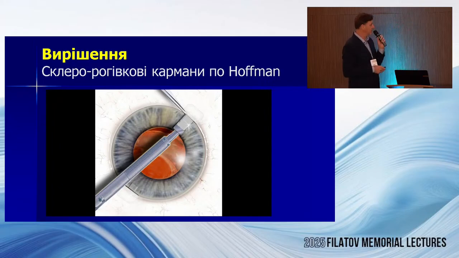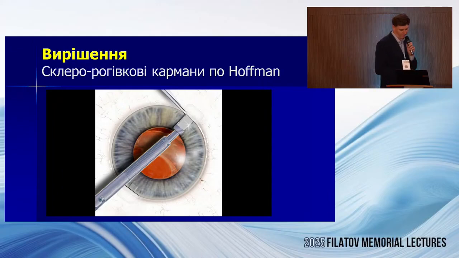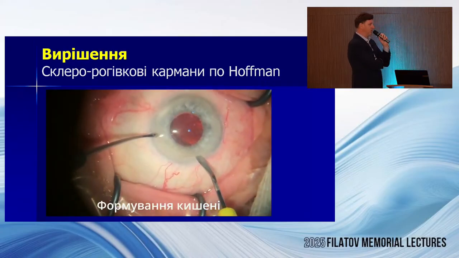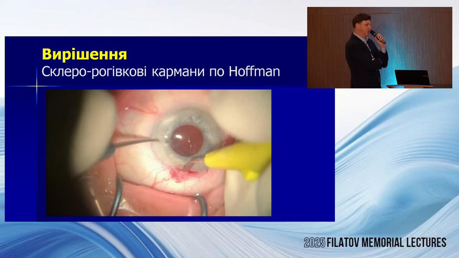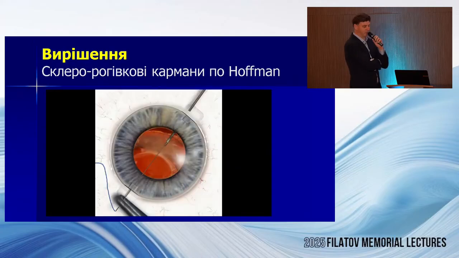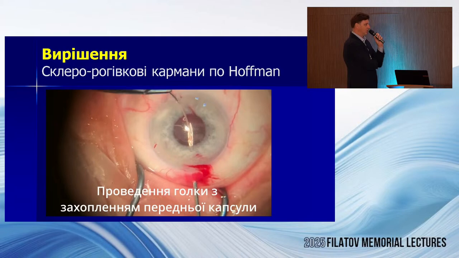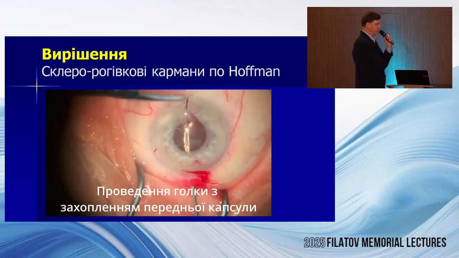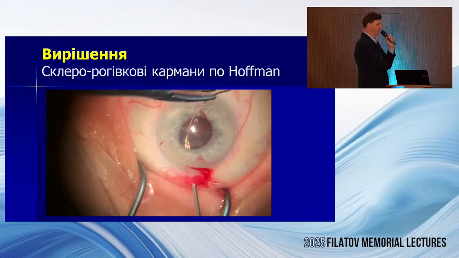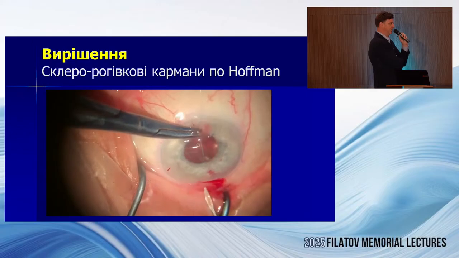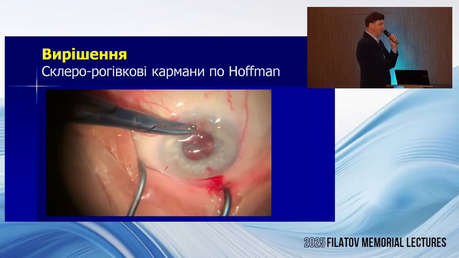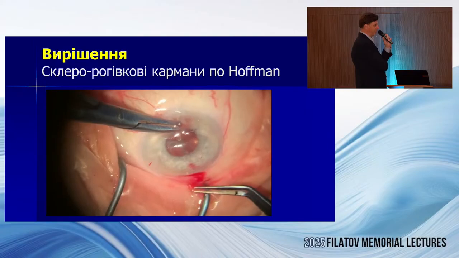Previously, we were making the sclerocorneal sacs or bursa, the Hoffman's operation. The benefit of this method is the formation of the bursa in the corneal area. Through this bursa, we are moving into the space. Using polypropylene threads, we are pushing them through the conjunctiva and upper margins of the bag and moving it outside.